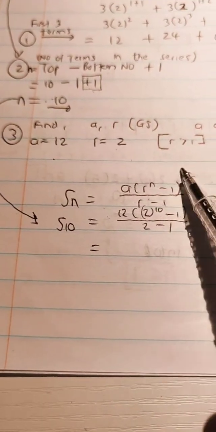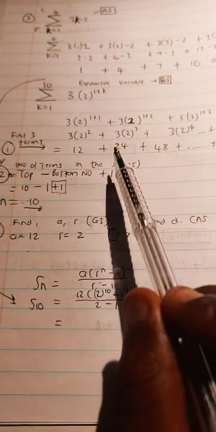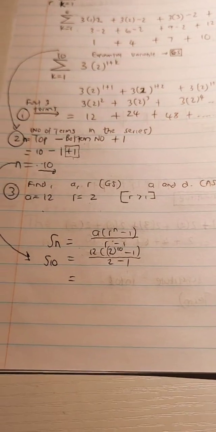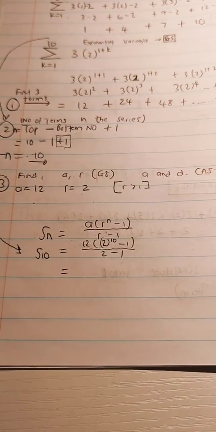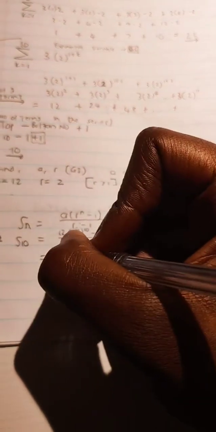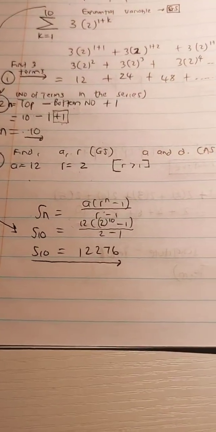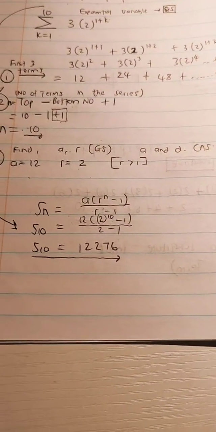This is the formula that we use, remember, guys, whenever we want to calculate the sum of a geometric series. Nopinki is saying the answer is 12,276. And my people in the comment section will confirm whether that answer is correct or it is bonkers.